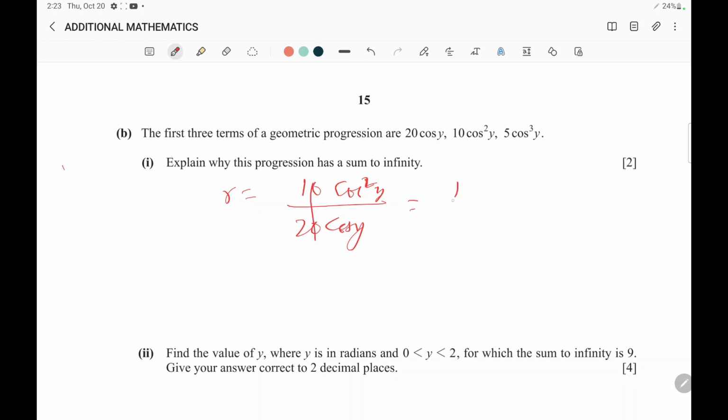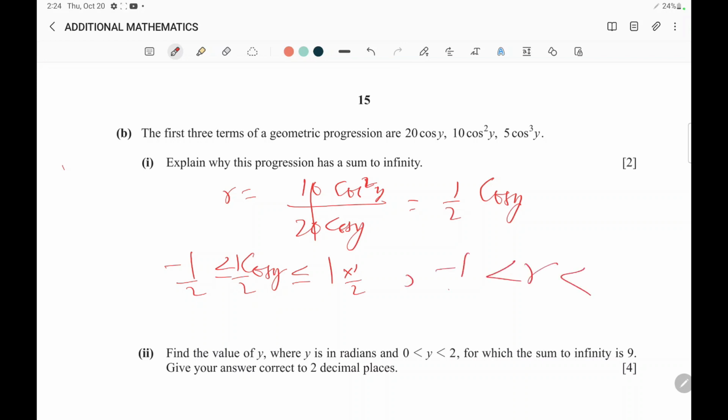So guys, this is 1 over 2 cos y. Cos y has range between -1 and 1. So 1 over 2 cos y, divided by 2. So what we understood, this is the common ratio, okay? So the common ratio I got is between -half and half.